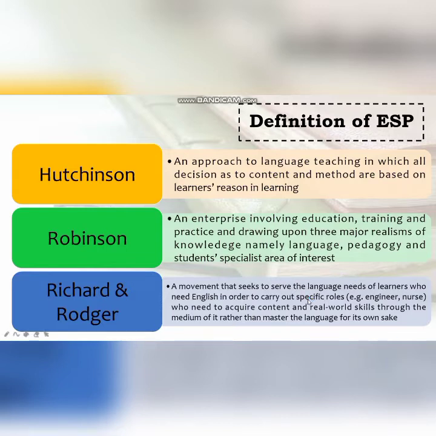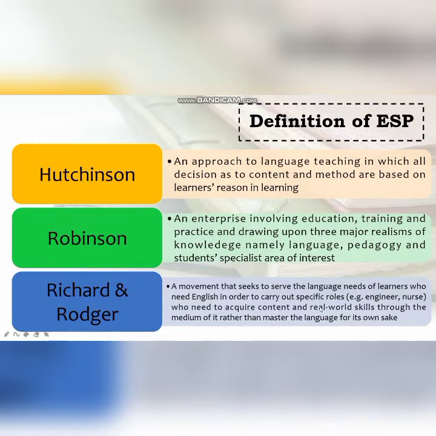For example, if the students want to be an engineer, they need an ESP subject, for example, English for engineers and also English for nurse, if they want to be a nurse in their career. And who need to acquire content and real-world skills through the medium of it rather than master the language for its own sake.